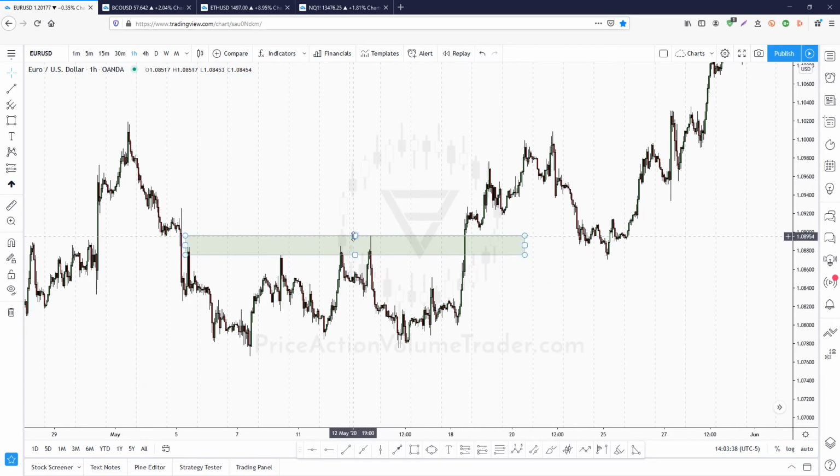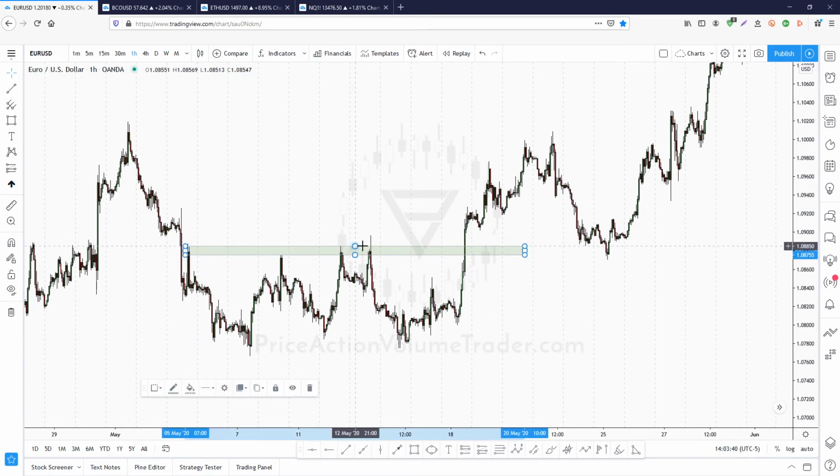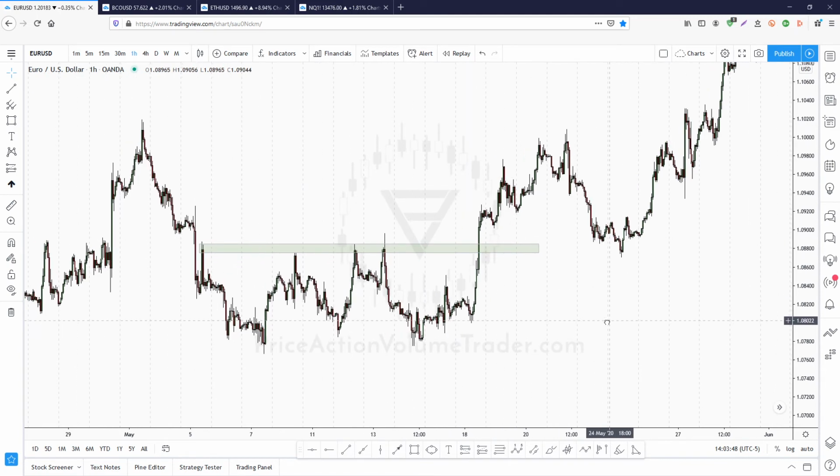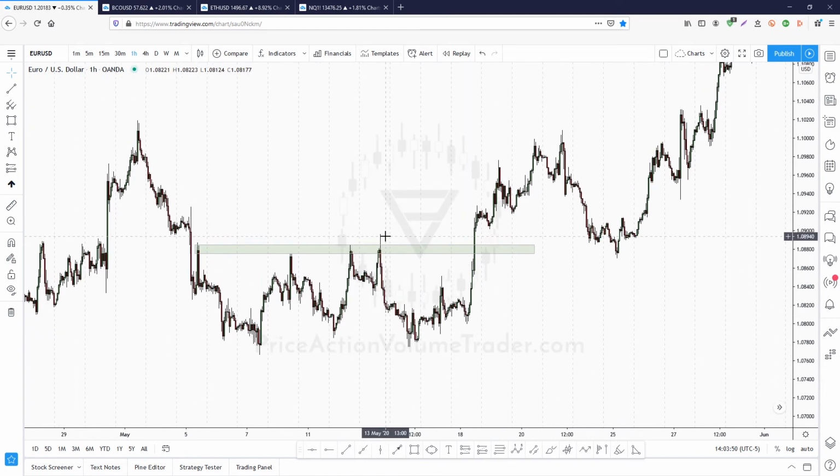This wick, you can use it or you cannot. In this case, you can see there's a very big gap here. So you could use this level or not, depending on what you want.